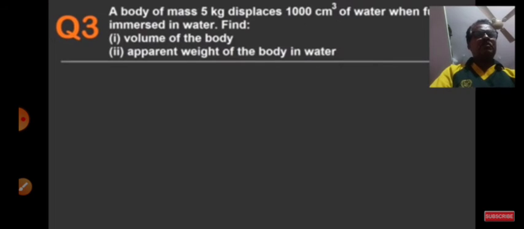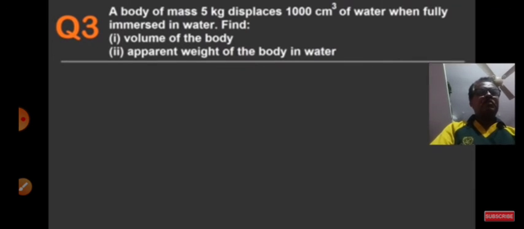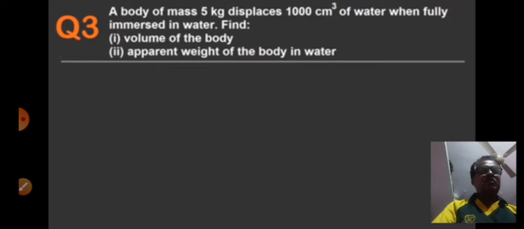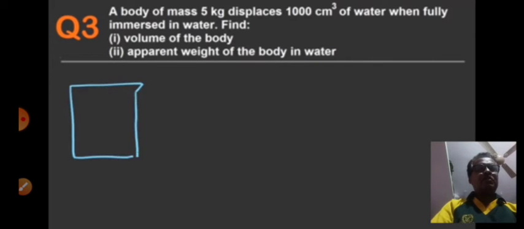Question 3. A body of mass 5 kg displaces 1000 centimeter cube of water when fully immersed in water. Find the volume of the body and the apparent weight of the body in water. Let's say we have a beaker full of water as shown in the diagram, and there is another smaller beaker to collect the displaced water.